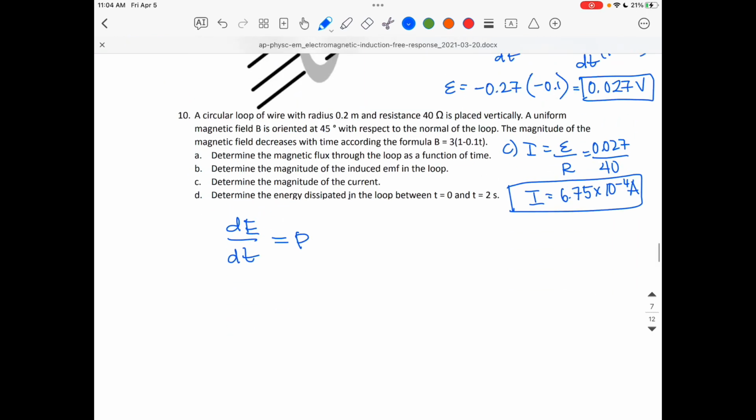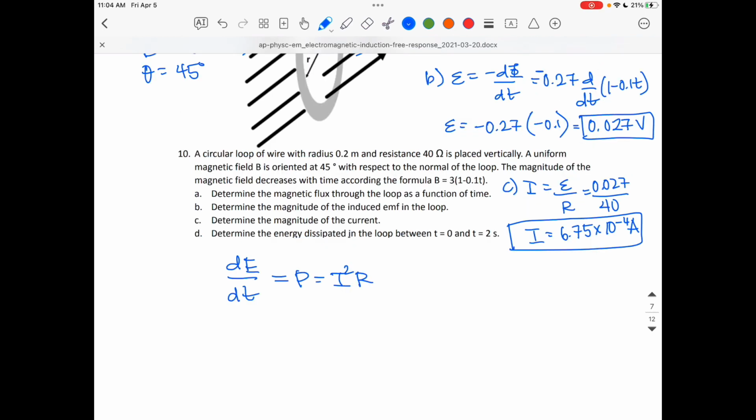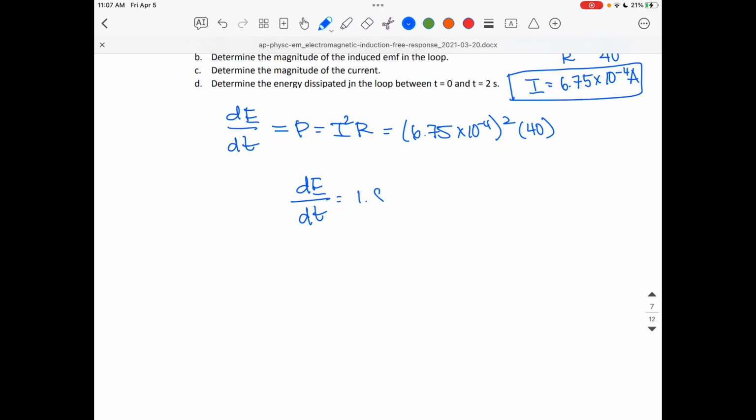We do have an equation for power, which is equal to I squared R. So our equation here for power is equal to 6.75 times 10 to the negative 4 squared, resistance is 40. And the answer we get here is 1.82 times 10 to the negative 5.